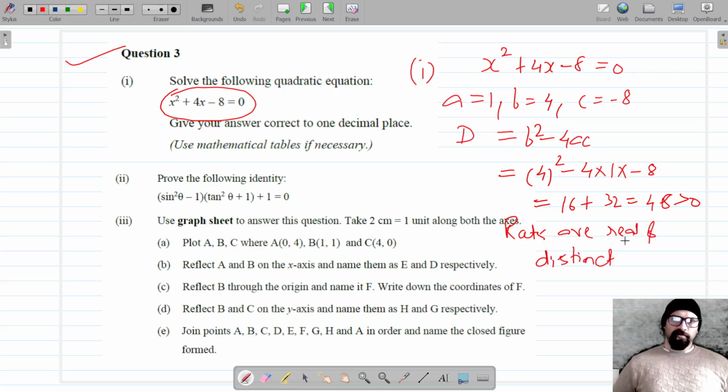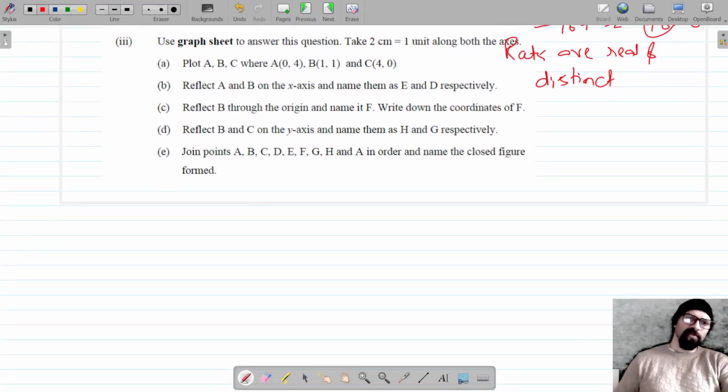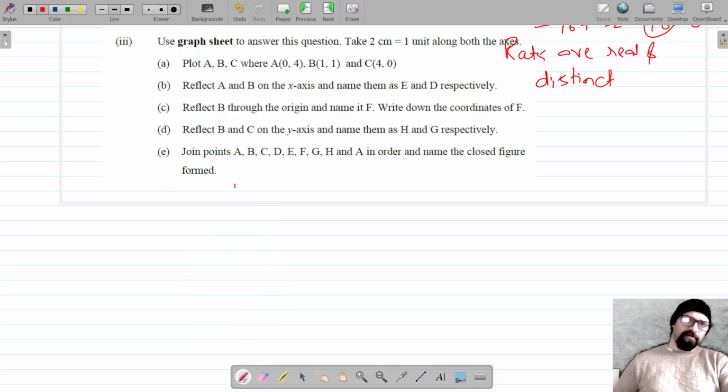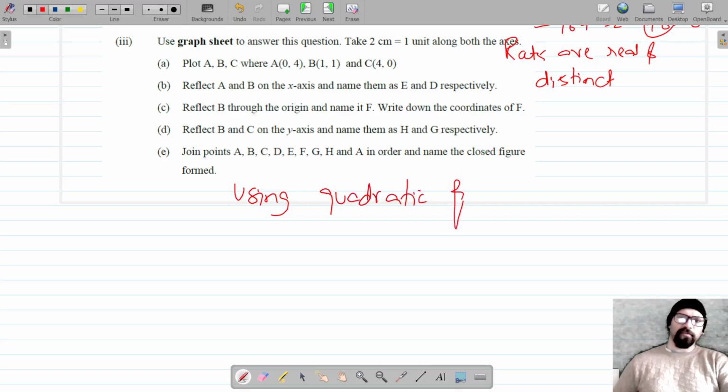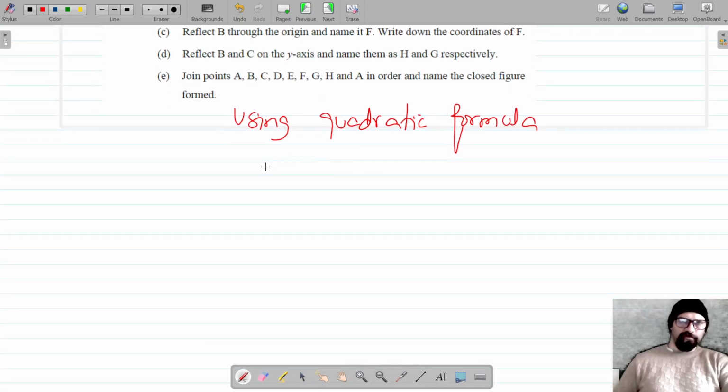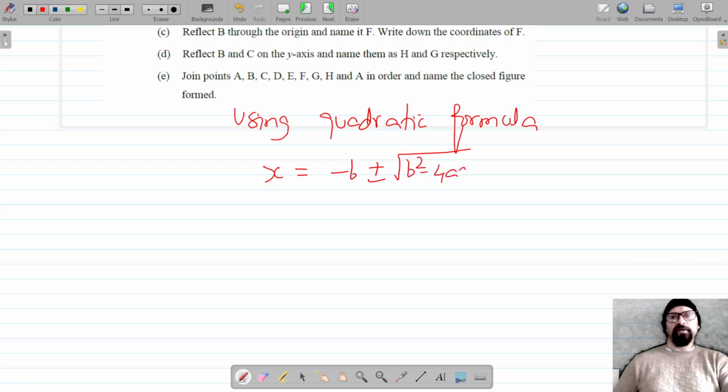And because this is not a perfect square, we are going to use the quadratic formula. So by using the quadratic formula, x is equal to minus b plus minus root of b square minus 4ac, divided by 2a.